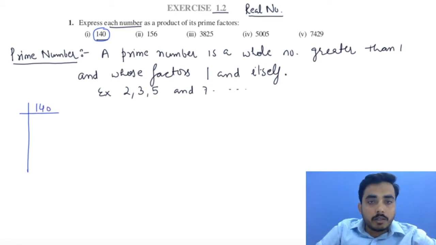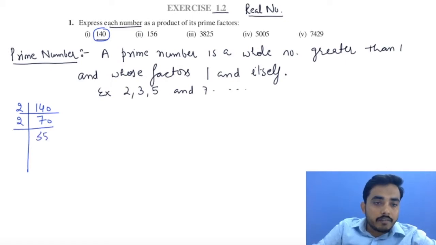So what we will do is, I will divide 140 by the smallest number which is greater than 1. So let's divide it by 2 first. So this is 70. Again by 2, this is 35. It will not be divisible by 3, then let's divide it by 5.